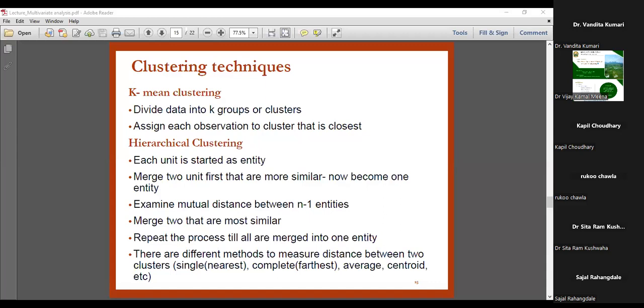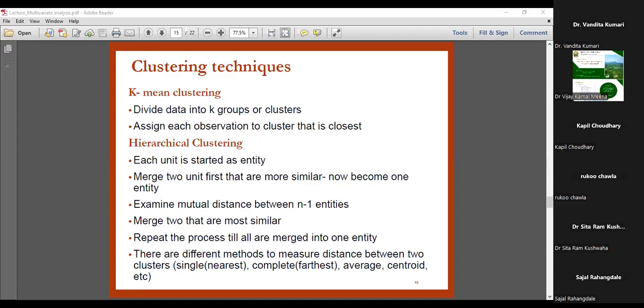You can mention which distance you would like to use for clustering. Euclidean distance and Mahalanobis distance are both different, so you need to mention it. When you mention the method, in the method you can mention the type of distance you want to use.